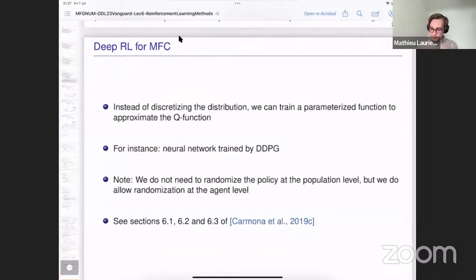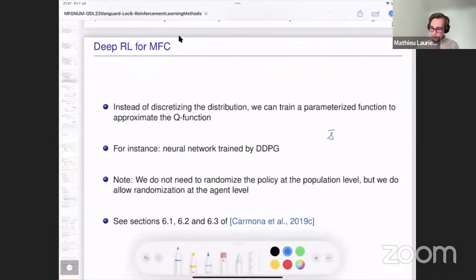So here the idea is I want to take S bar in P of S, which is embedded in R^4, and I want to plug this. So I want to plug a vector as an input of my Q function, right? And same thing for the action, my Q function, Q bar. But how can I approximate the Q function?